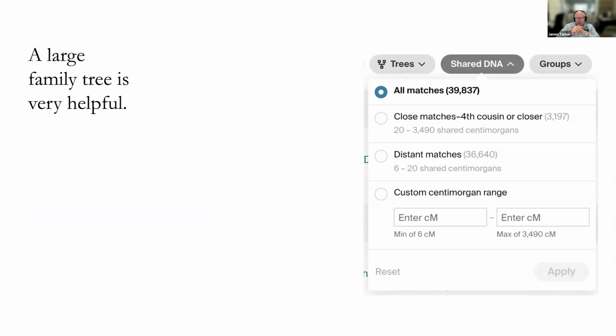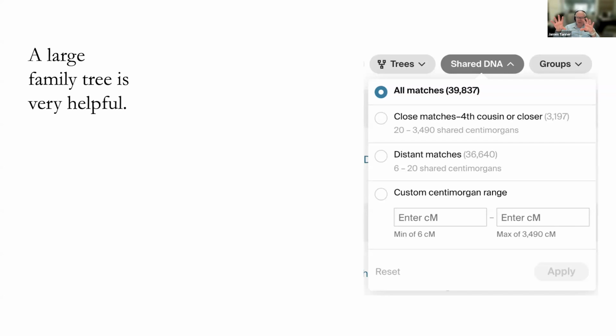Of course, these names have to be valid, and they have to be supported by historical sources, records and documents that will show that these people were actually related. Or what you're going to end up with is a lot of matches, but no substance there, no way to move backward in time.